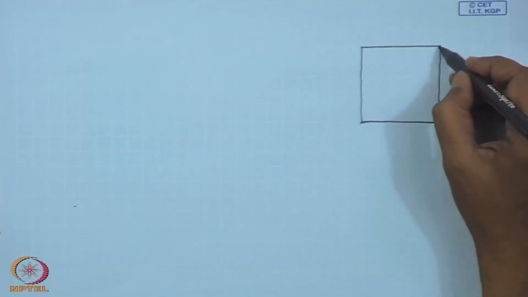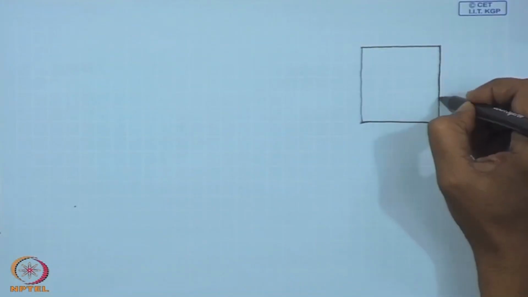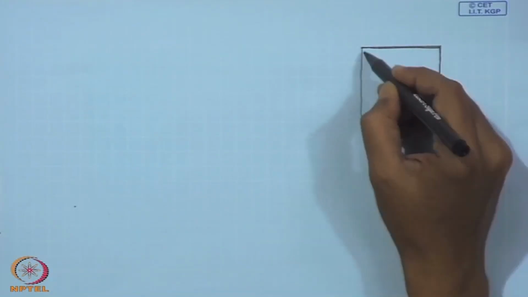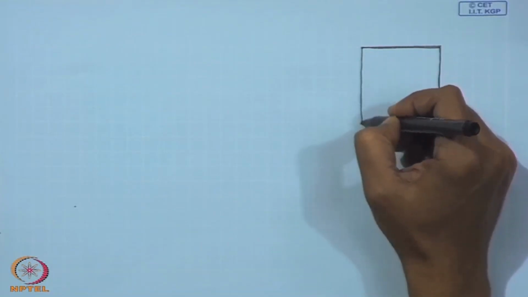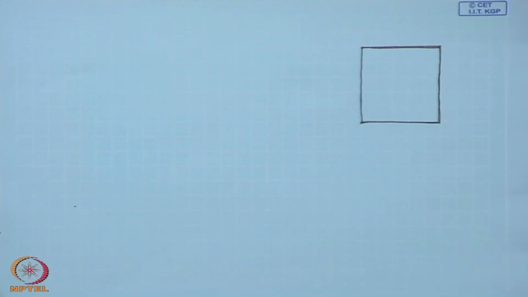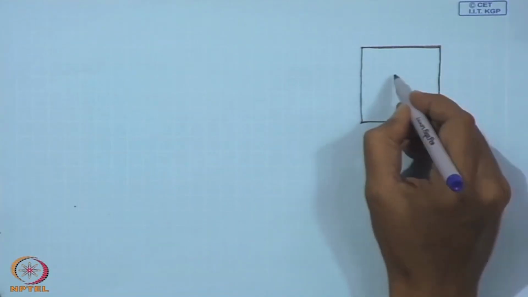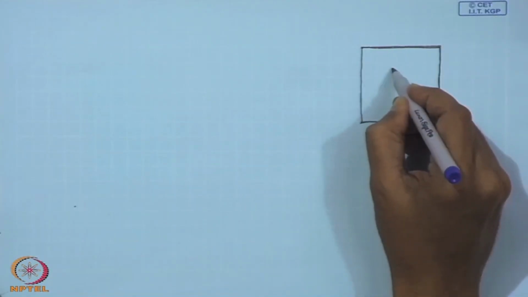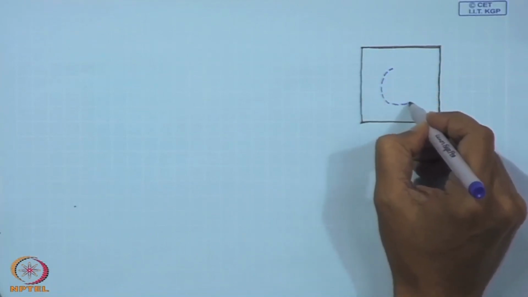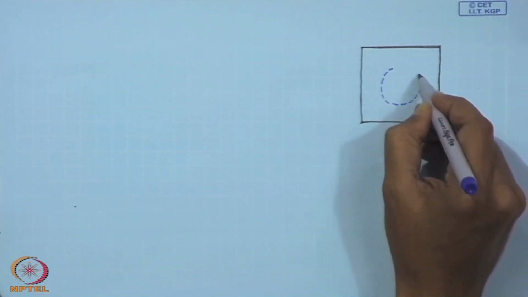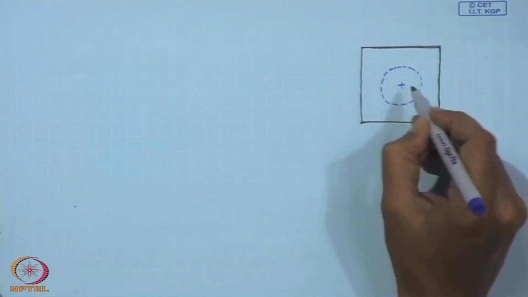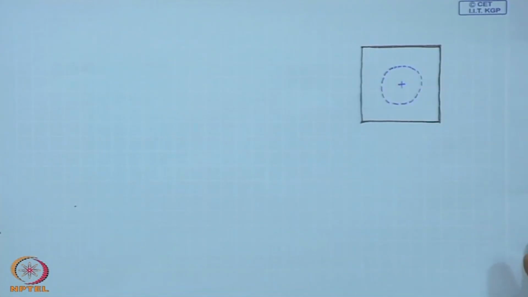Suppose this is a square plate of uniform thickness, which is supported on a circular support.